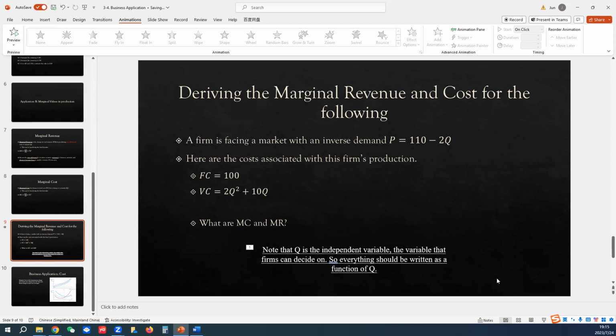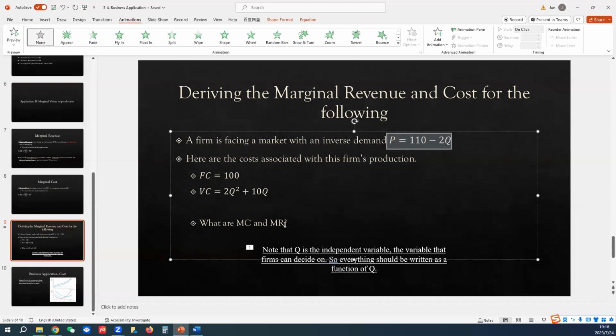But what you can do as a tool to change the market price is the availability of the products, how much to produce. So Q is under your decision as a firm, and everything should be written as a function of Q. For instance, price is written as a function of Q, and the cost is also written as a function of Q.